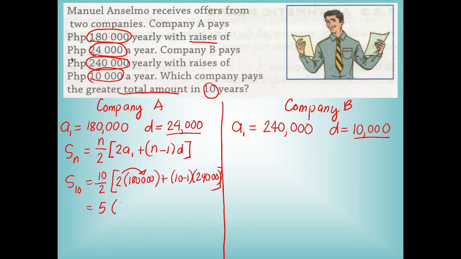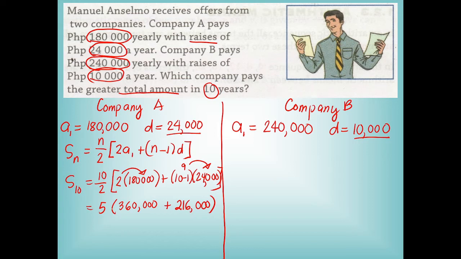360,000. Then this is 9 times 240 is how much? 240,000 times 9. 216,000. This is 216,000. That's 24,000 times 9, I mean.